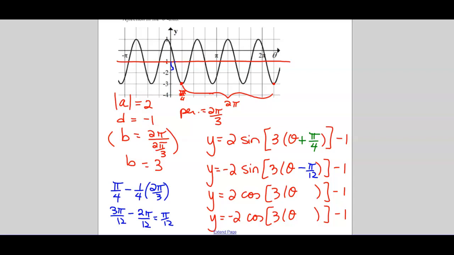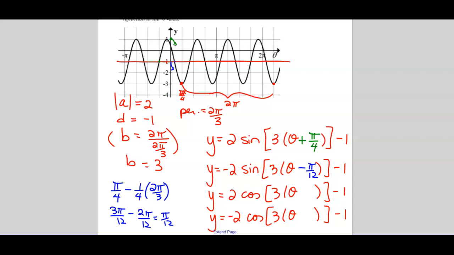Cosine from the max down is what it would be without a translation. Again, closest is here, but it's not on a grid marking. It looks like about a third of a grid marking. So it looks like it'll be pi over 12. Okay, let's use the same properties as before. This is a nice point at negative pi over 4.